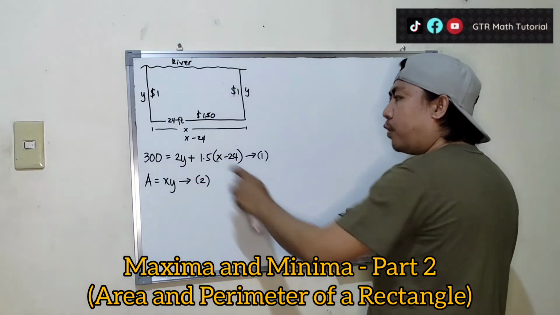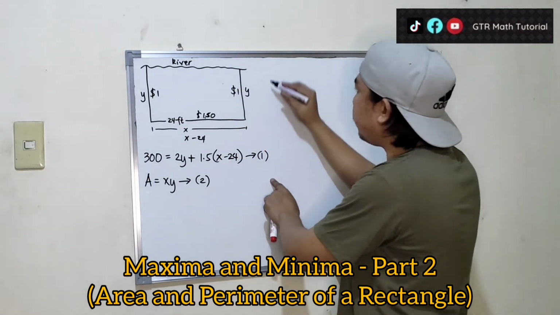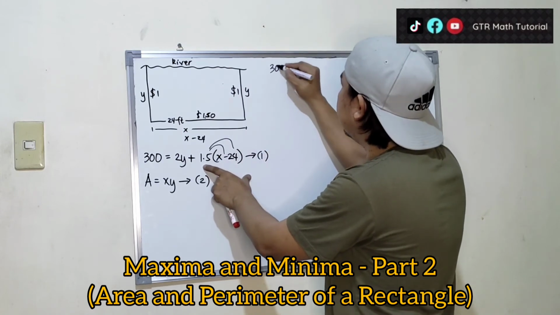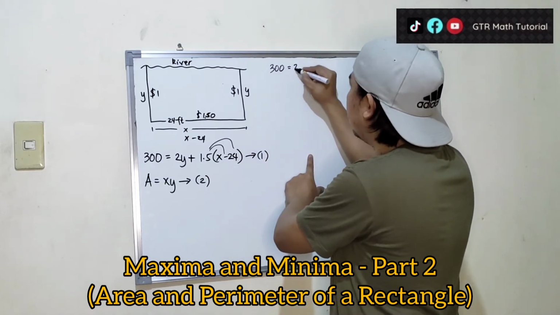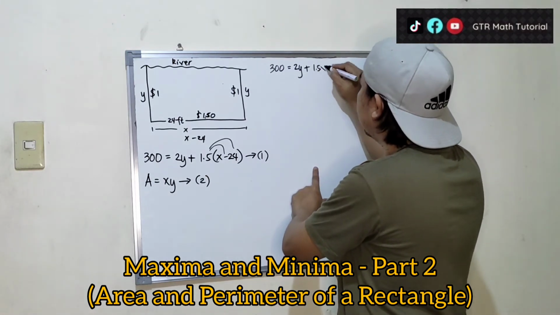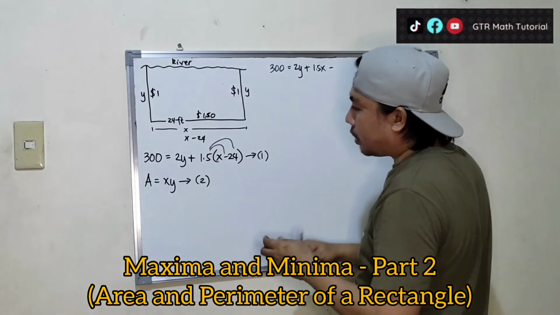Okay, so let us solve for y. So we have simplified this, so distribute. So we have 300 equals 2y plus distribute 1.5x minus 1.5 times 24.